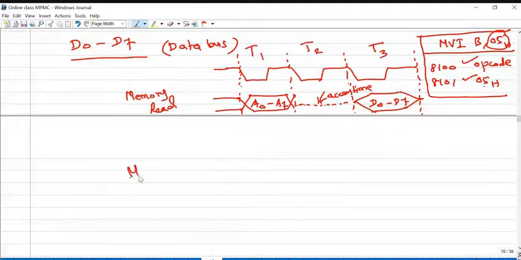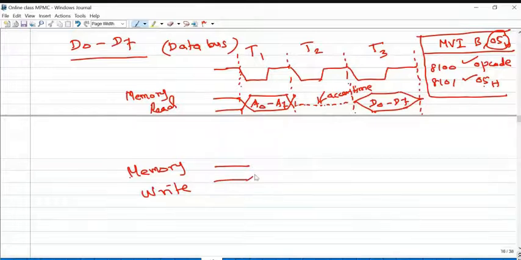If it is a memory write operation or IO write operation, it is the same. I'm not drawing the clock pulse. During the T1 state, address latch enable must be high. Please remember that.